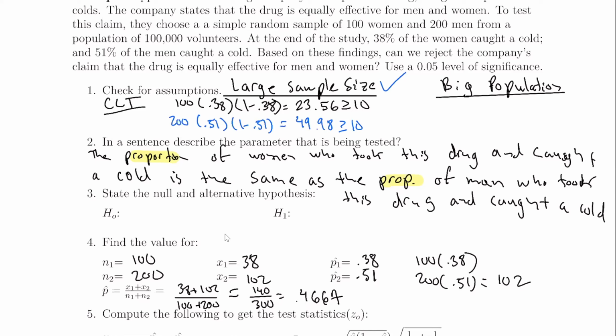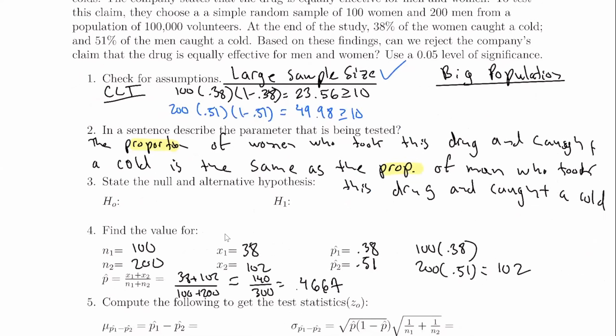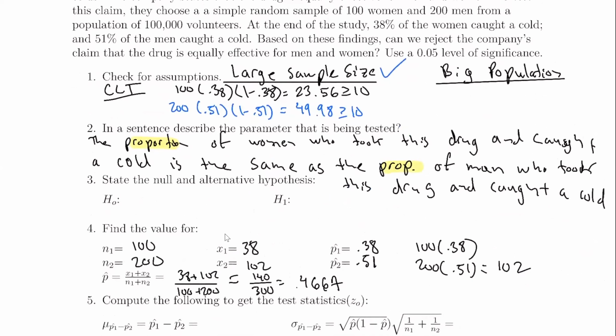So first I'm going to do the women, with 100 times 20. If you do 100 times 20, that's 2,000. If you look at 2,000, we know our population is 100,000, so that one checks off. So far, so good. Now we're going to do the men.